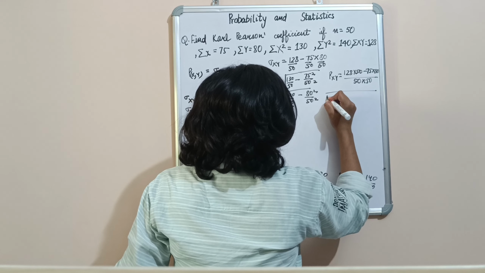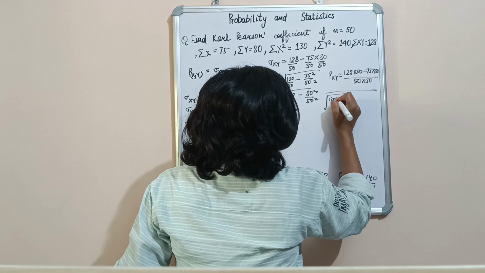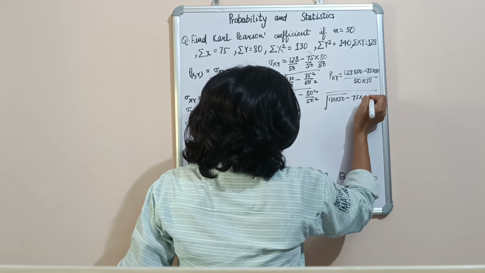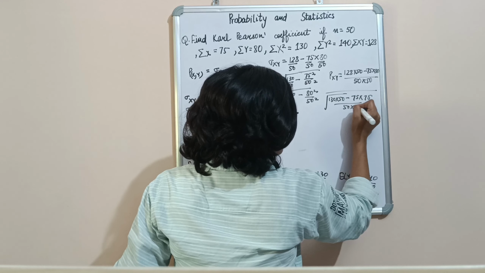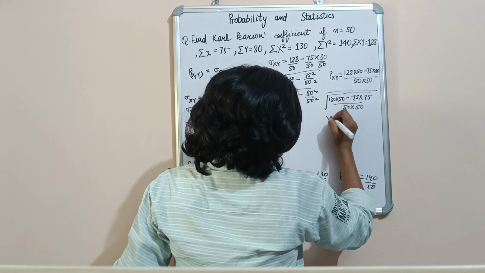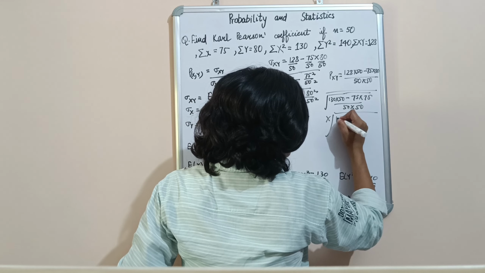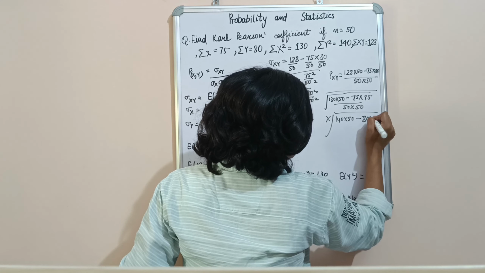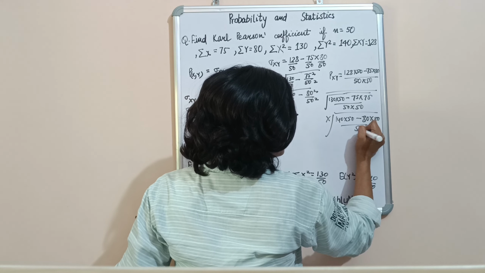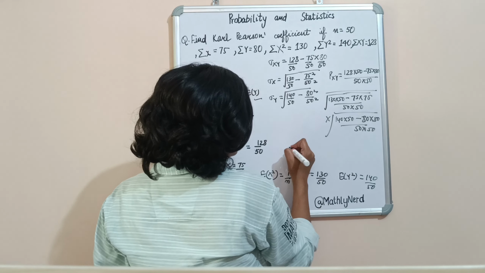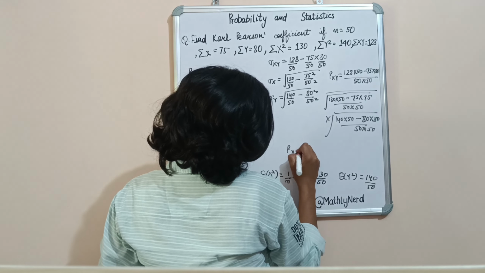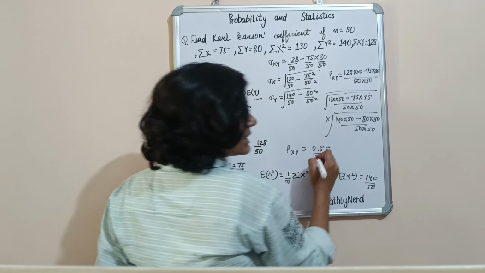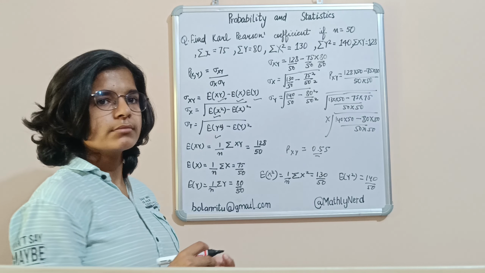This will be equal to the square root of (130 into 50 minus 75 into 75) upon 50 into 50, into the square root of (140 into 50 minus 80 into 80) divided by 50 into 50. If we solve this, then we will get ρ(x, y) equals 0.55, and that is our answer.